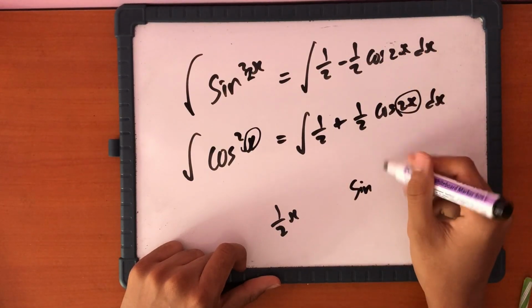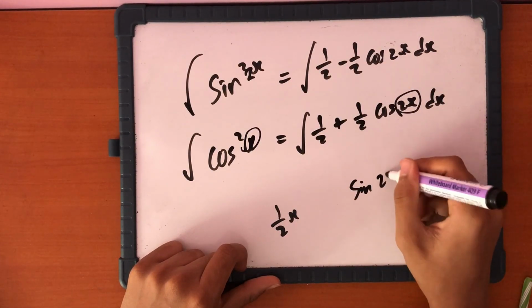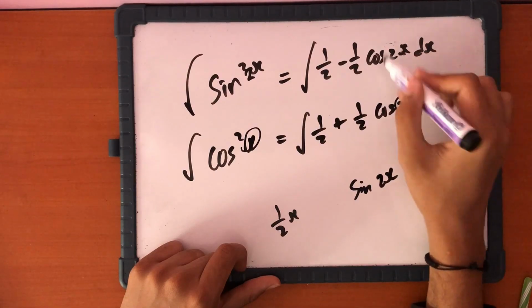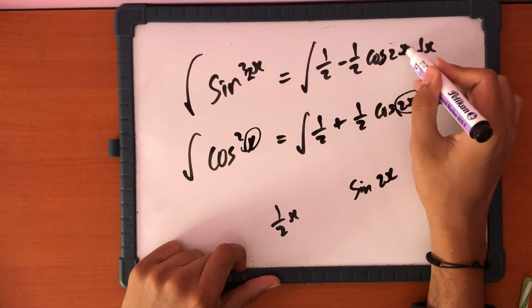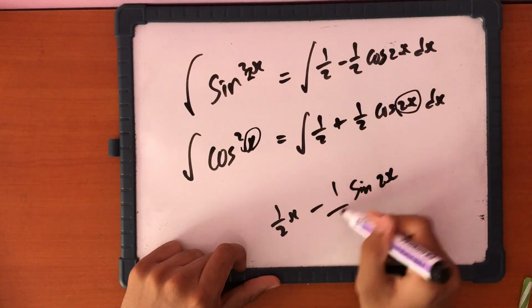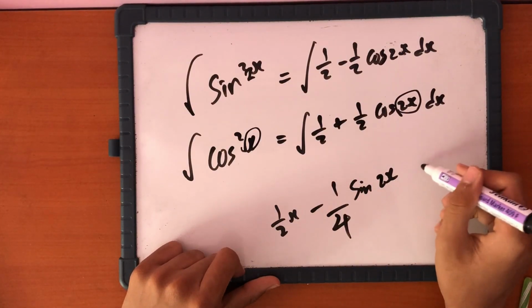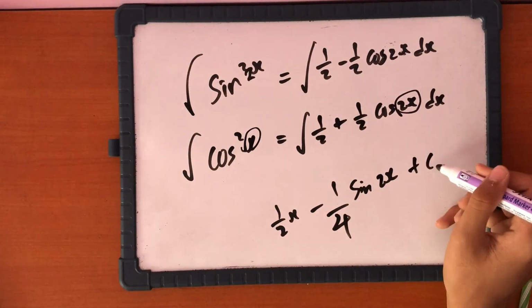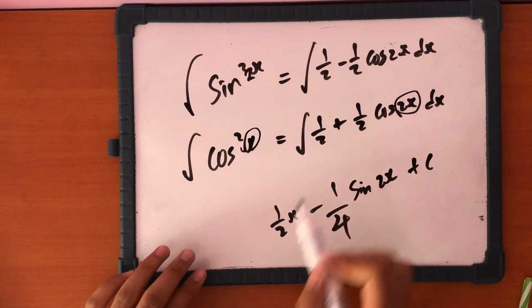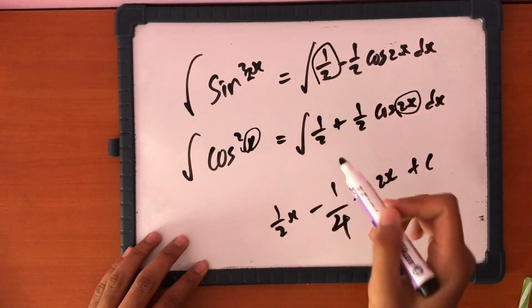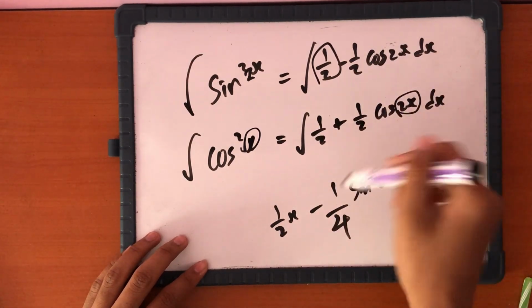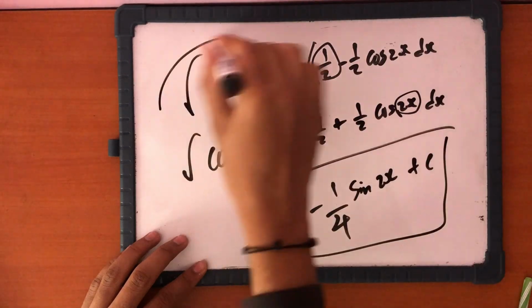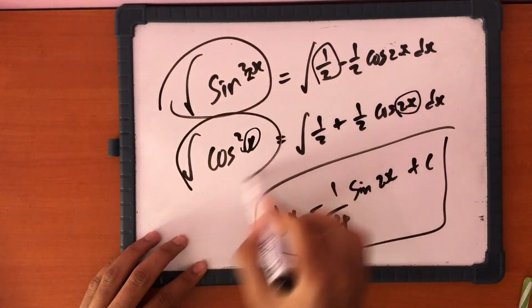The 2x remains because it's an inside function, and because it's linear and the derivative of the inside function is just 2, we can divide by it, so we get minus 1 over 4 sine 2x plus c. I think this is the integral. Yes, exactly. The integral of half is half x, and cosine 2x becomes sine 2x, and this is the answer. You can do a similar thing for the other one and you'll get the answer.